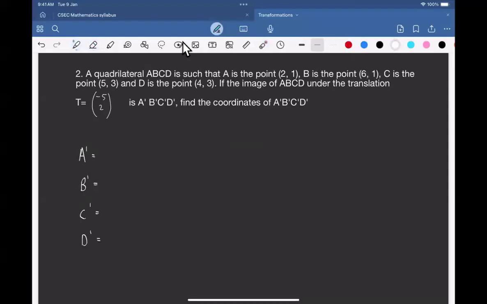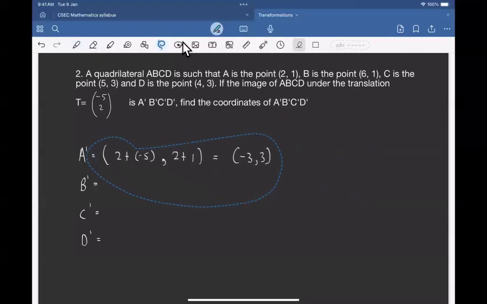Or what I would prefer you to do, you could say 2 plus minus 5, comma, 2 plus 1, and that will be equal to minus 3, comma 3. That's the correct way to write it. So that I give already the answer for A prime.